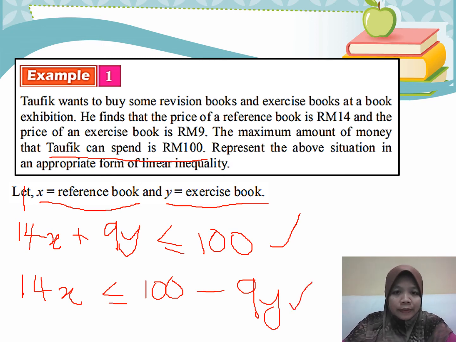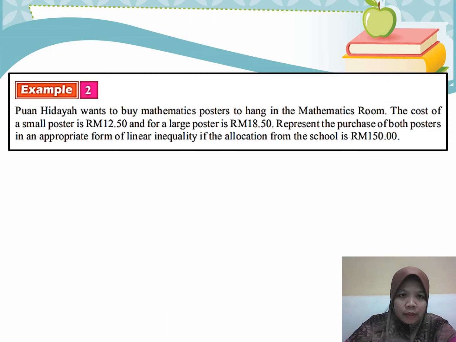Next, example 2. Wan Hidayah wants to buy mathematics posters to hang in the mathematics room. The cost of a small poster is Rm12.5 and for a large poster is Rm18.5.